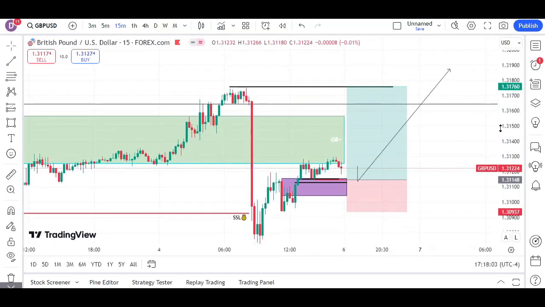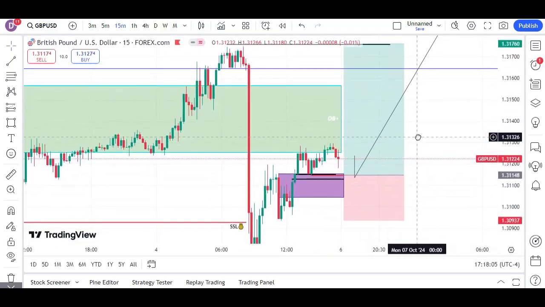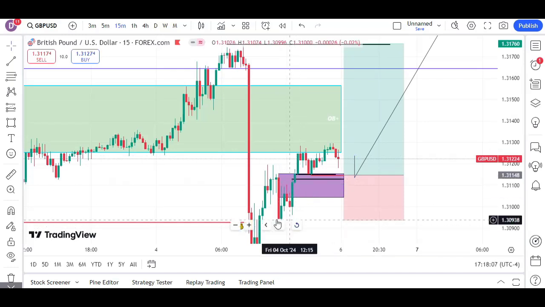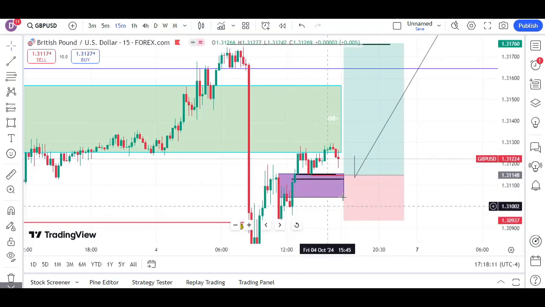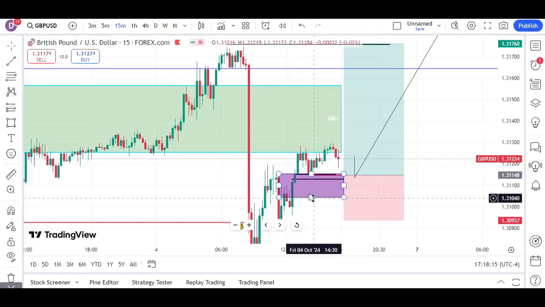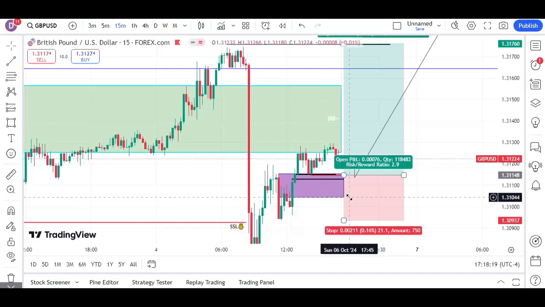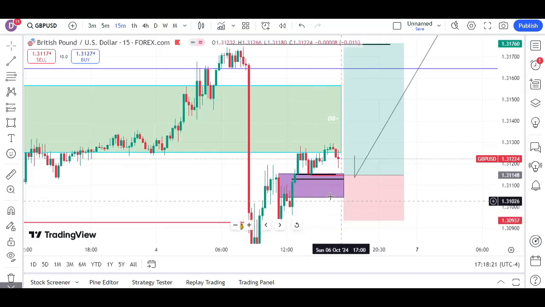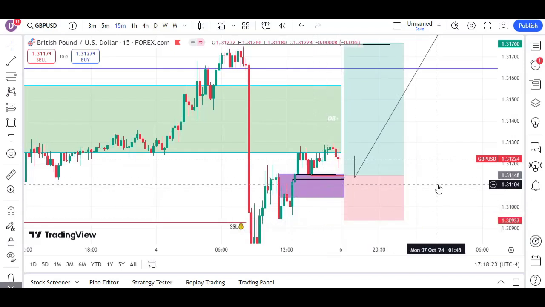To drop and then close below this order block. I don't even want to see it get to that point. I want to see it respect the 50% level. If price respects the 50% level of the order block, then it's a strong conviction that we're respecting the bullish PD array. So that's going to be all of it for this video.